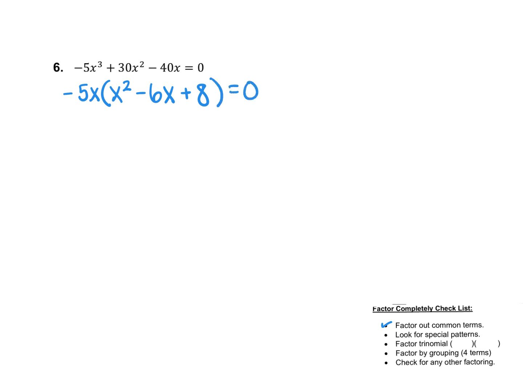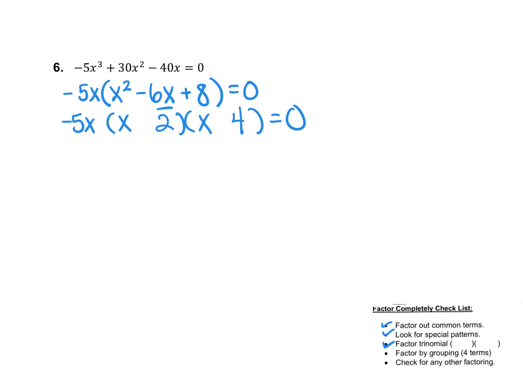All right, so now we have negative 5x, and I don't have any special patterns, but I do have a trinomial here. So let's go ahead and put 2 sets of parentheses here. I'm going to have my x's, and then I can see it like 2 times 4. Now, we have to be careful here because we've got a negative 6x.